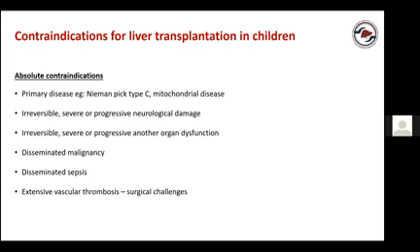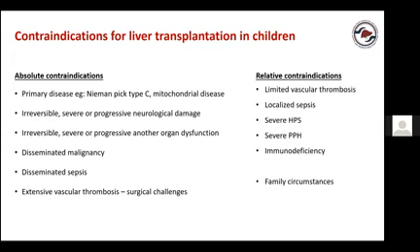Extensive vascular thrombosis might put surgical challenges, because during the transplantation procedure, the surgical team has to connect all the vessels. And if there is extensive thrombosis, that might put a challenge and it might make the child untransplantable in the setup where the child actually is. Relative contraindications: limited vascular thrombosis, it depends on the expertise you have to operate.